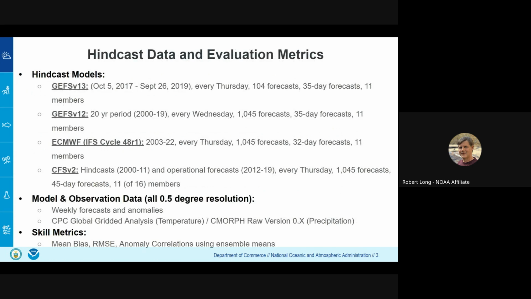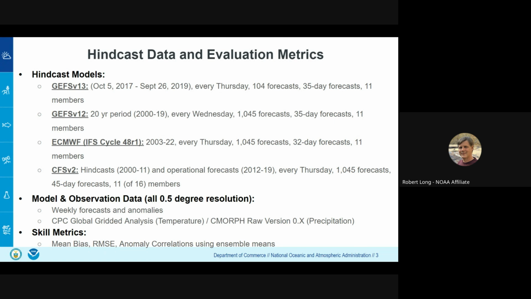Here is a breakdown of the data used for each evaluation. The cadence of the GEFS13 hindcast mimics that of the GEFS12. In other words, it comes out about once a week. But the GEFS13 hindcast only spans 2 years, so for GEFS13 we have just over 100 forecasts over this period. For the 3 reference models, I chose to use a full 20-year period to prepare the climatological means and bias correct the forecasts.